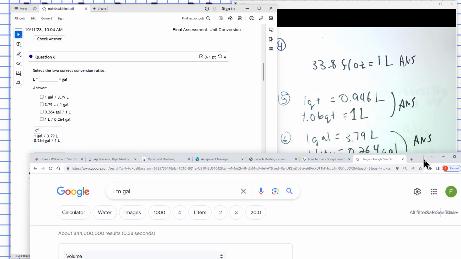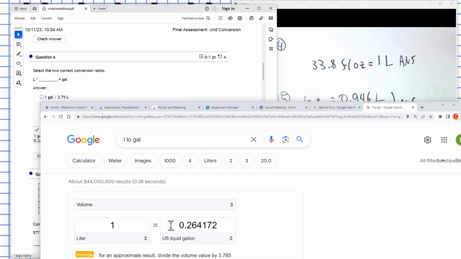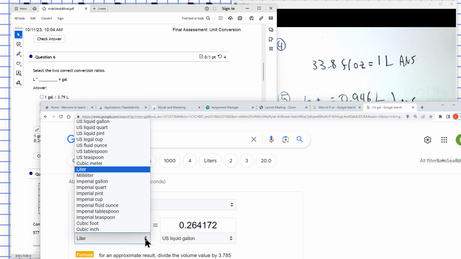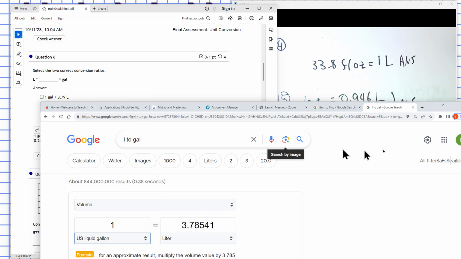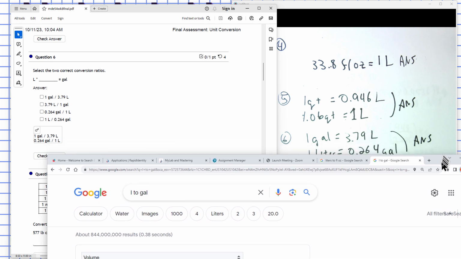One liter, 1 gallon. Let's see, 1 gallon here. 1 US gallon is how much? 3.785. Say around it, 3.79.